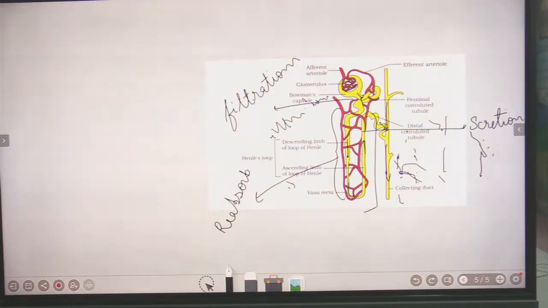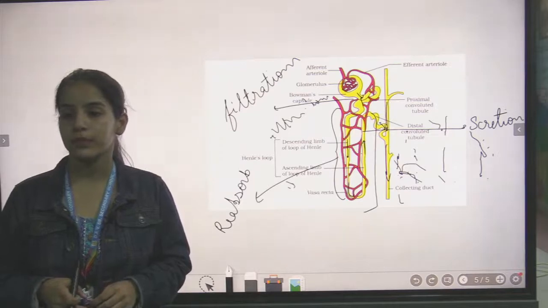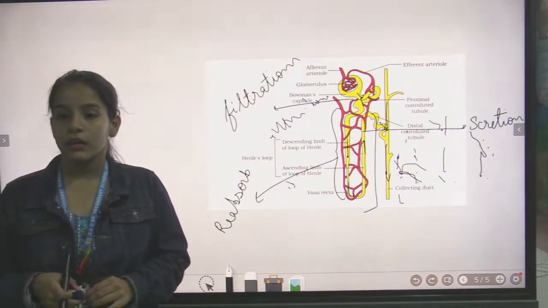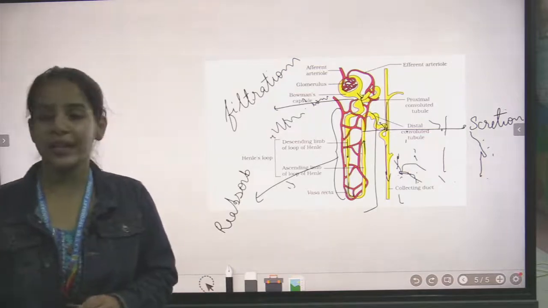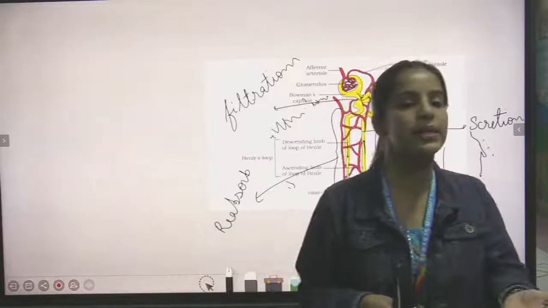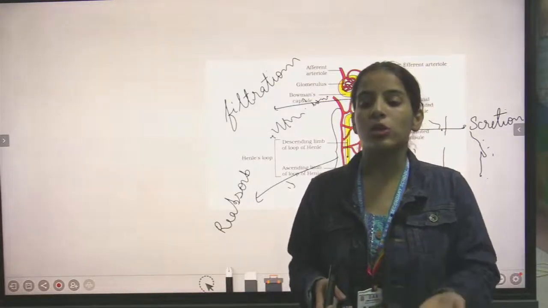Do you know how plants excrete their waste products? Carbon dioxide, yes, by respiration, like us. During respiration they release carbon dioxide with the help of a structure called stomata.